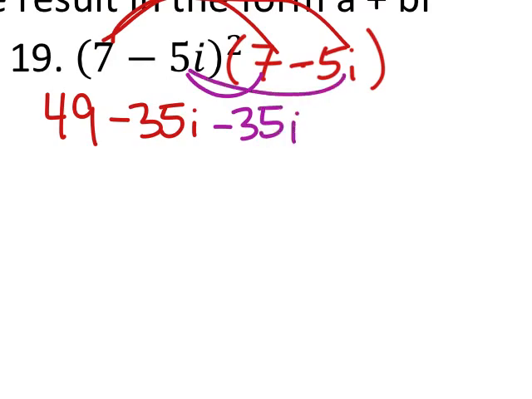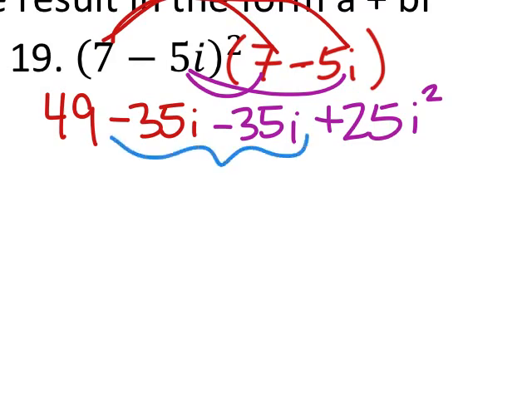-5i times -5i is a positive 25, but that's an i squared. I guess I'll go ahead and write that out actually. i squared. And now if we combine these two terms, we're going to have 49 minus 70i.